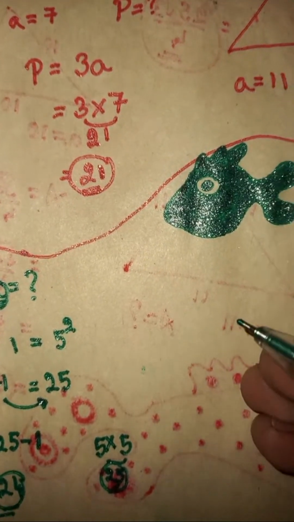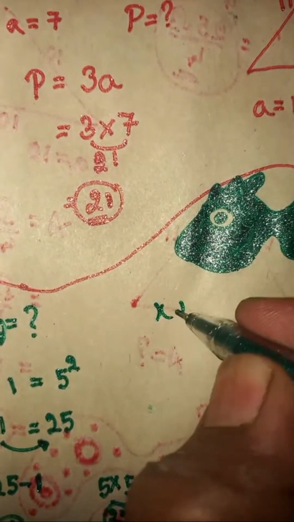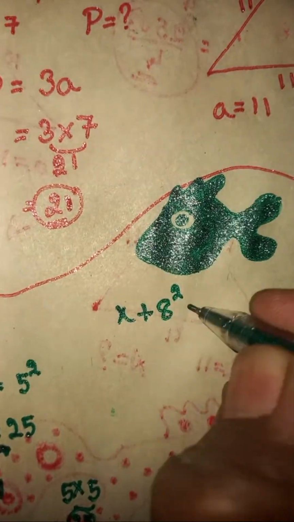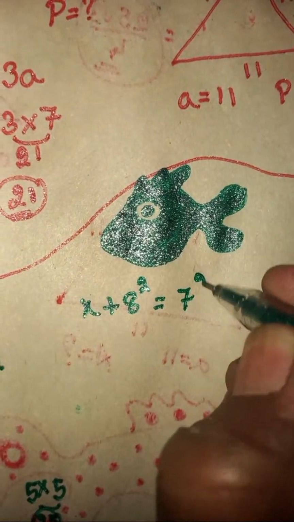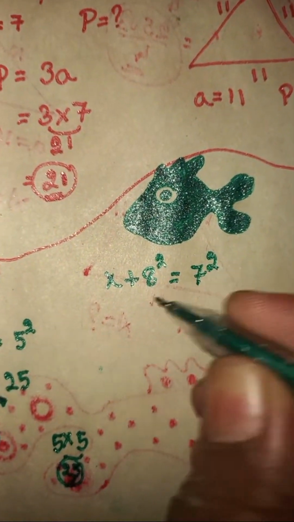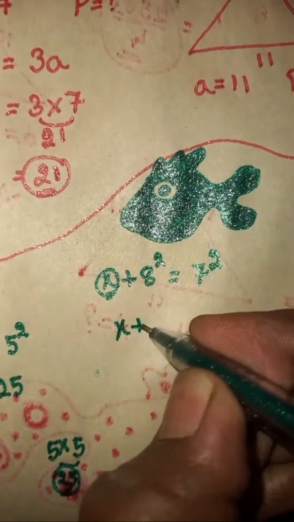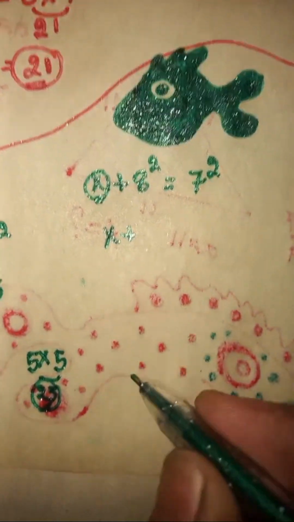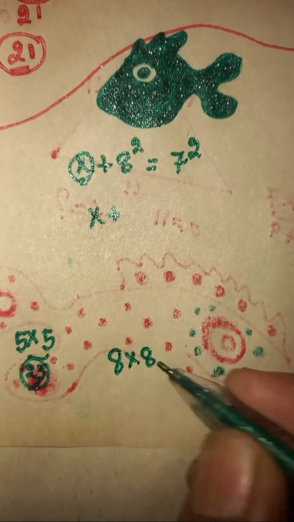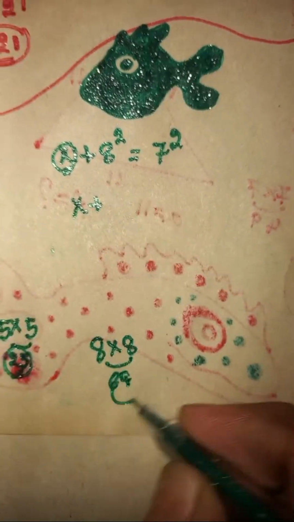Let's find out another one value. x plus 8 square equal to 7 square. Now you need to find out the value of x also, here also x. Write this x like that itself. 8 square, you can write it as 8 times of 8, that is 64.